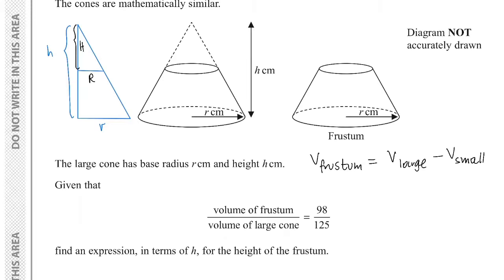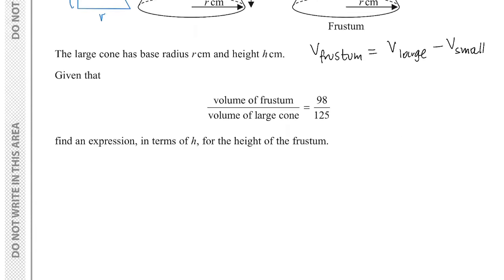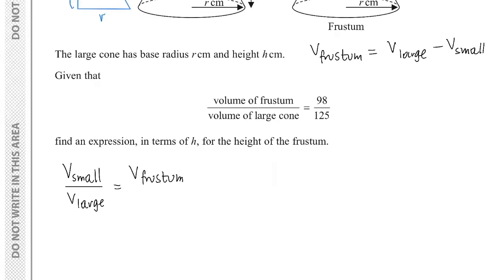Now, instead of considering the ratio of the volume of the frustum to the large cone, I would just say that the volume of the small cone over the volume of the large cone is simply the volume of the large cone minus the volume of the frustum over the volume of the large cone.